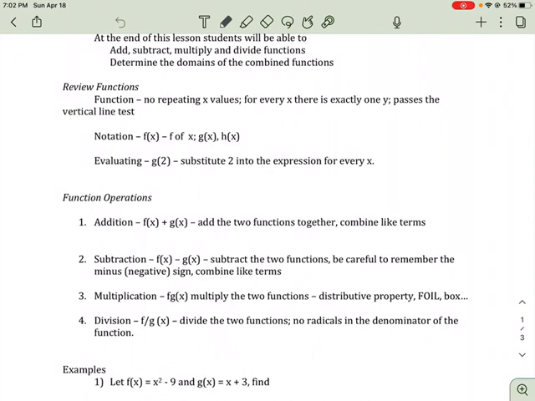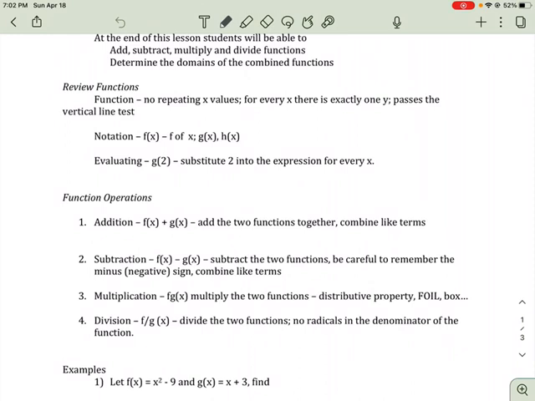So when you add, we can have it as f of x plus g of x. That just means add the two functions together. You're just combining like terms, things like that. Subtraction, you're going to subtract the two functions, but be careful to remember the negative sign, okay? The minus sign. Make sure it gets distributed and it's minus the expression. Multiplication, we usually write as f times g.